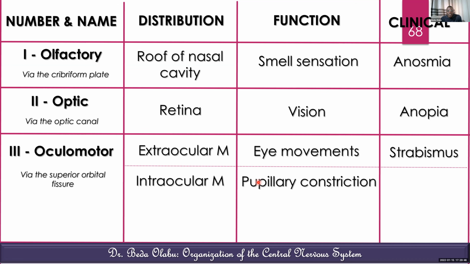Oculomotor causes these muscles to contract to make the pupil become narrower. So it causes pupillary constriction. And that is why if you injure these fibers of the oculomotor going to the eye, then the pupil will not be able to constrict, and that's what we call pupillary dilation or mydriasis.